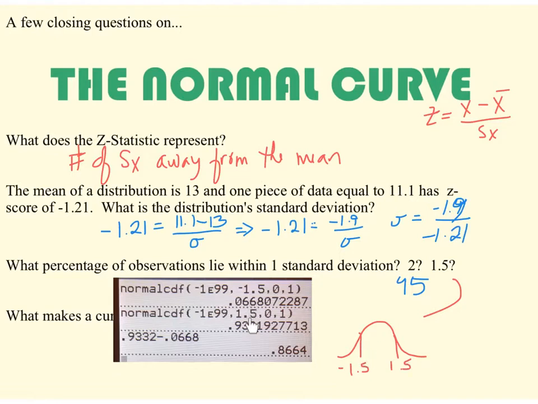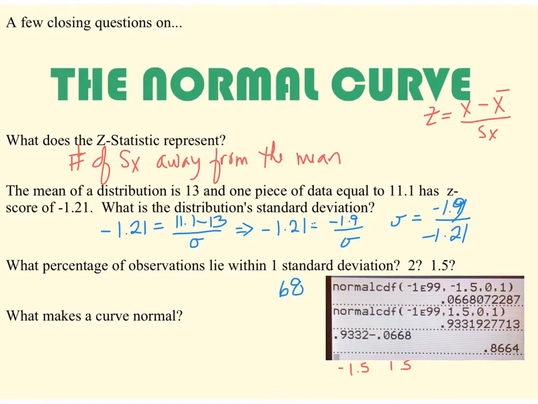And again, I hope you would think that there's some symmetry here, that if 0.0668 is below, that means that 0.0668 is above here. And you'll see that that's true. I left it as a mean of 0 and standard deviation of 1. And again, doing that puts you in terms of just the z-statistic rather than a specific problem. Okay? And then I found the difference. I said, okay, 0.9332 minus 0.0668, and that gave me the proportion between: 0.8664, 86.64%.